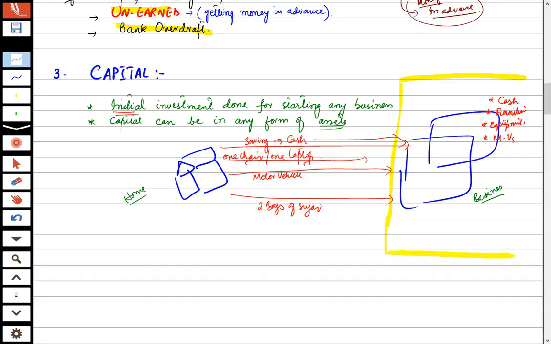So these 2 bags of sugar comprise what? Stock, which also becomes the capital of that business. See how cash and all other items become the capital of the business. Is that clear? So capital is not restricted only to cash. It can be in any form of assets.